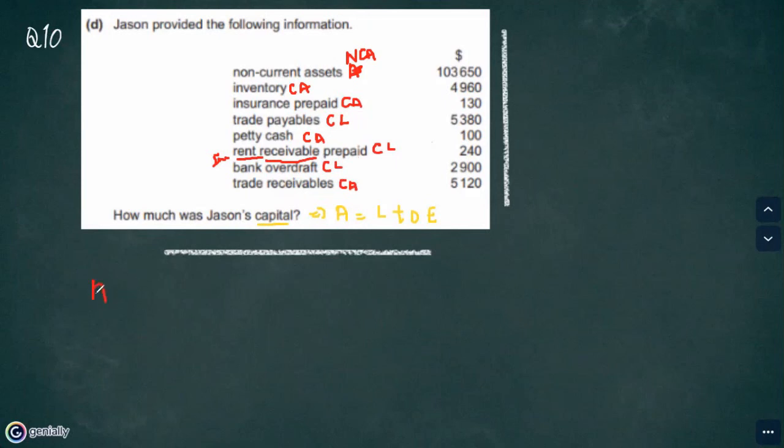So again, let's rewrite our equation. Now in this case, I'm just going to add in capital, right? So our non-current asset plus current asset should equal current liability, because we don't have any non-current liability, so I'm not adding anything over there.